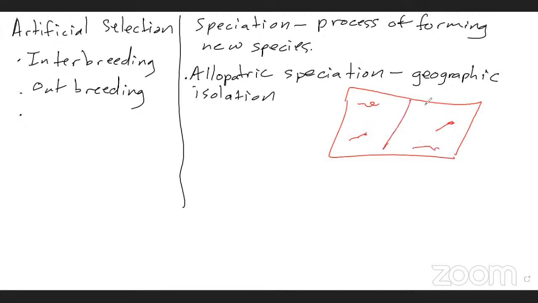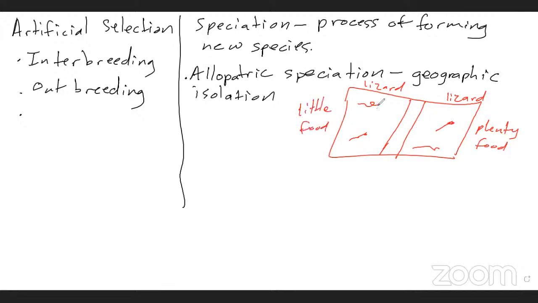Something happened and they are separated. So you have, let's say, a lizard on one side, a lizard over here. Plenty of food, little food. I'm just moving quickly at this point.